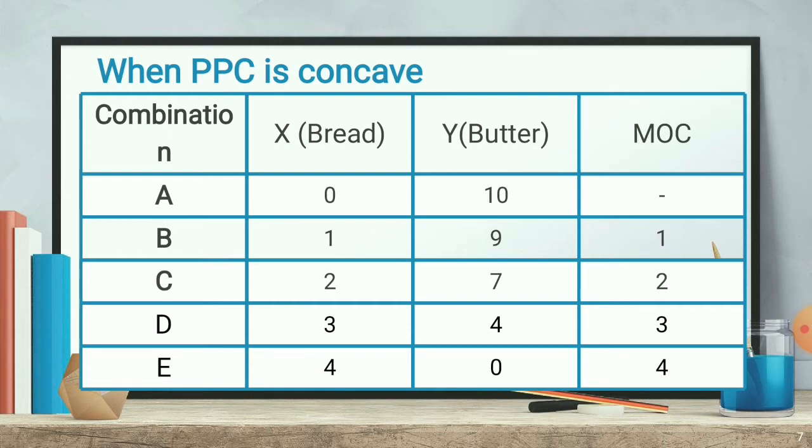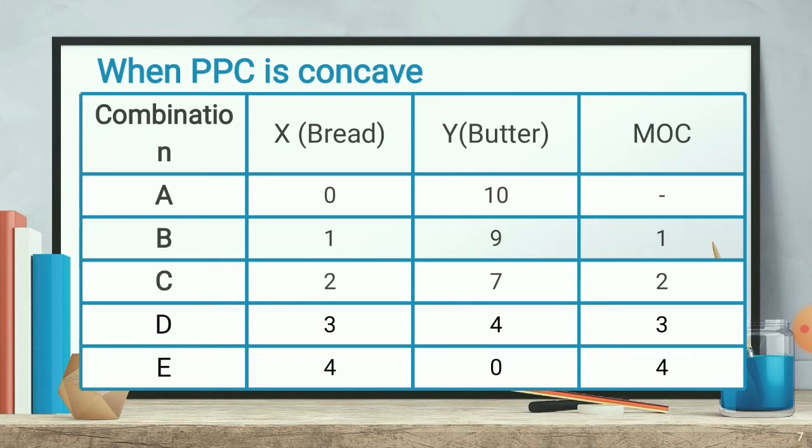Second possibility: we want to produce one additional unit. As we have seen, the MOC concept comes only when an additional unit arises and we have to sacrifice something. If you see in the first row A, in the MOC column, there is no marginal opportunity cost. Why? Because we have invested the entire resource in the production of the second commodity, that is butter.